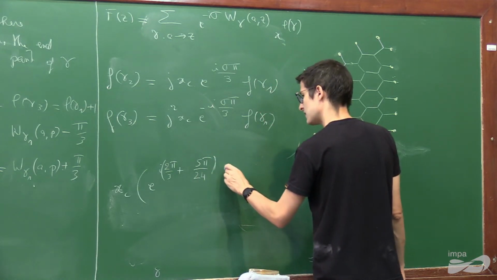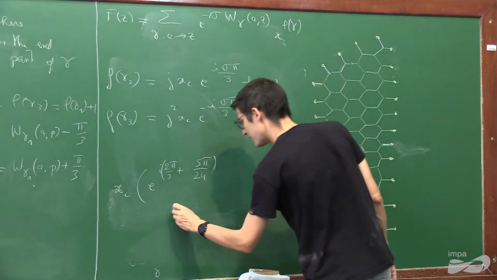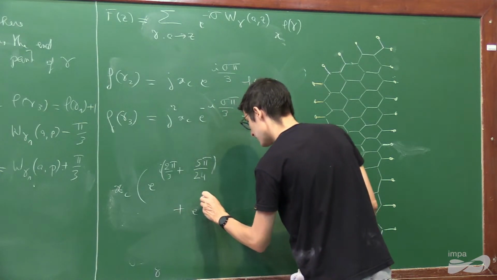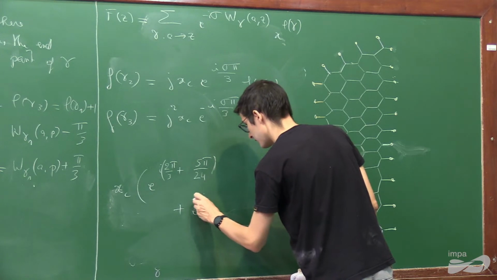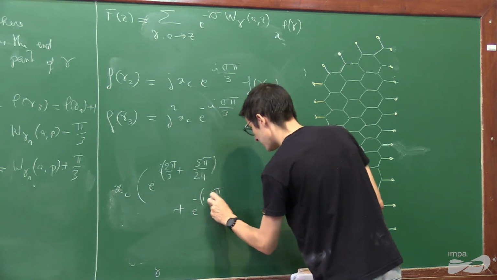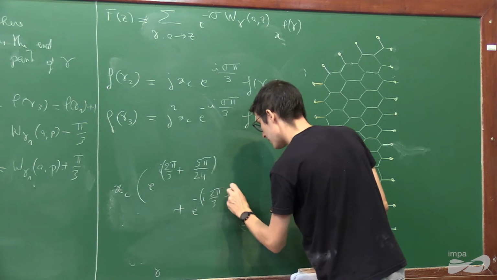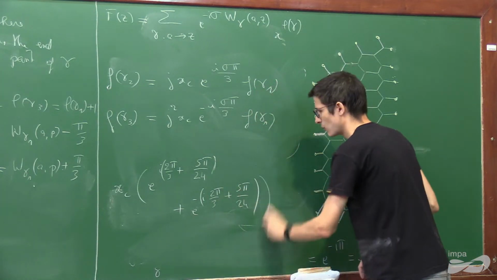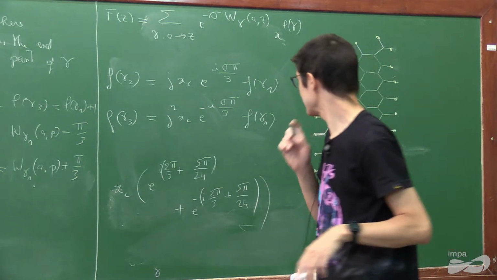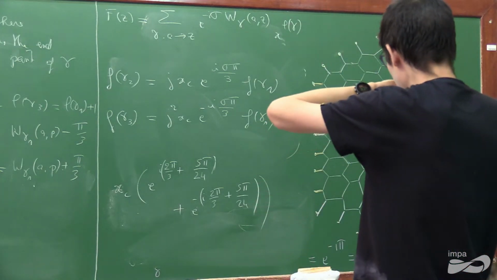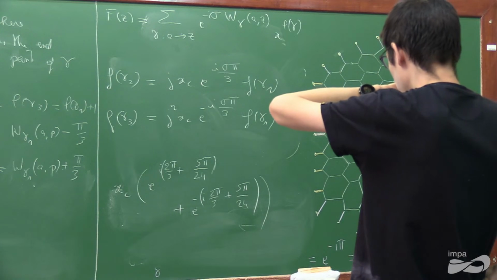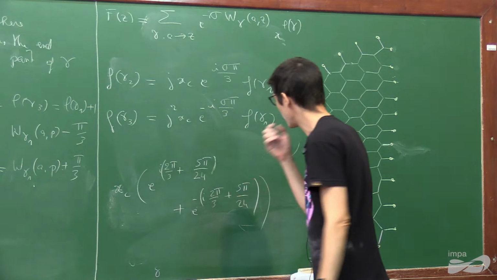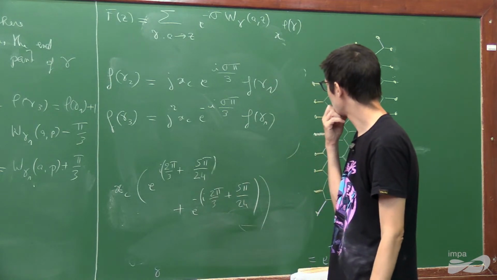And here you just get the complex conjugate. And now we have to compute exactly this. So what is 2 over 3 plus 5 over 24?